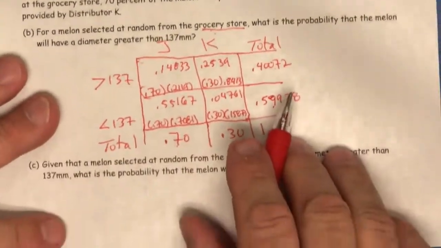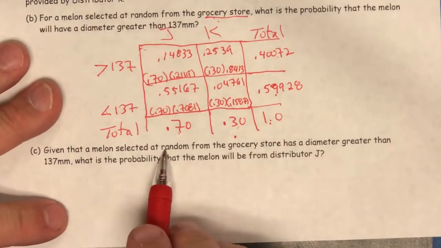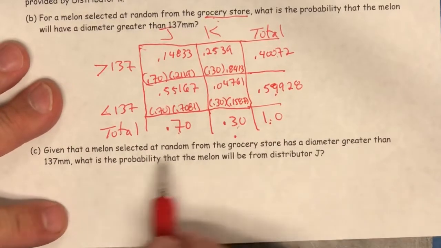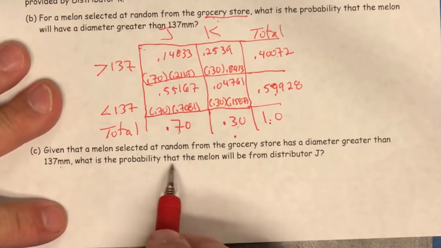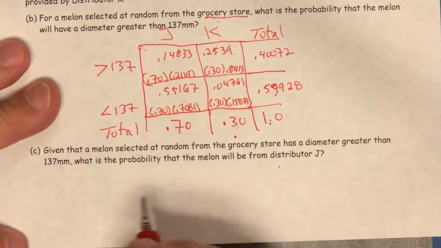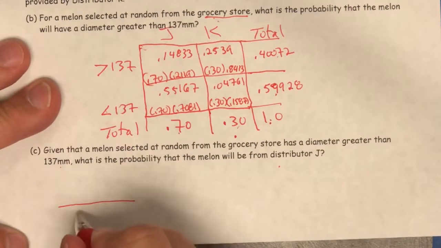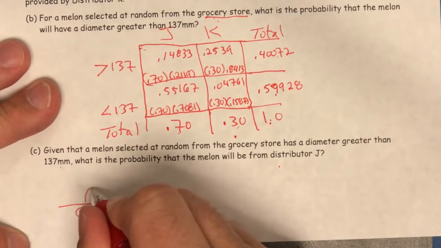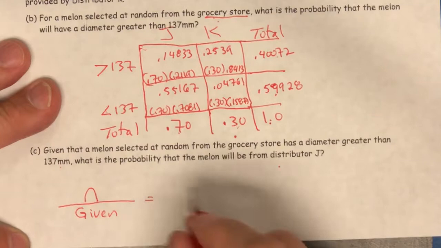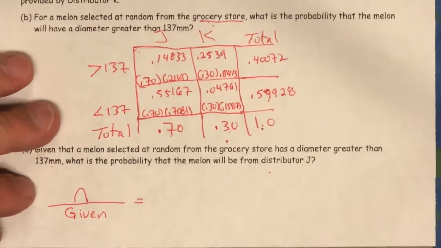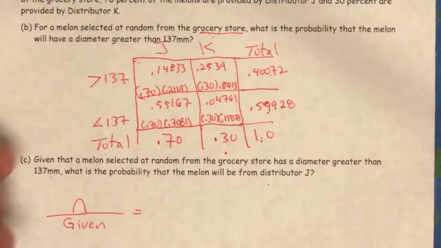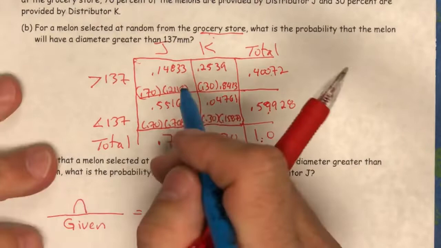Now, part C says, given a melon selected at random from the grocery store has a diameter greater than 137, what's the probability it'll be from distributor J? Well, as soon as they tell me given, I go, oh, given goes in the denominator every single time, and the intersection goes in the numerator. So they're telling me, given that it was greater than 137, well, my given is right here.